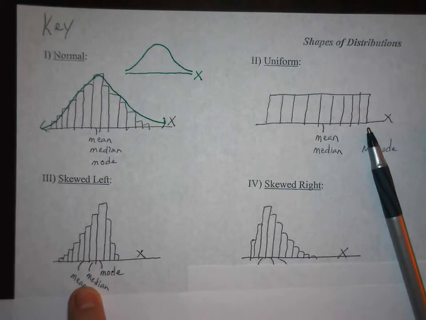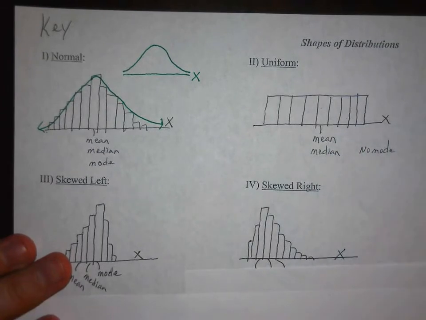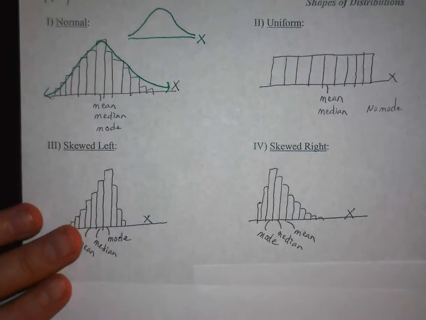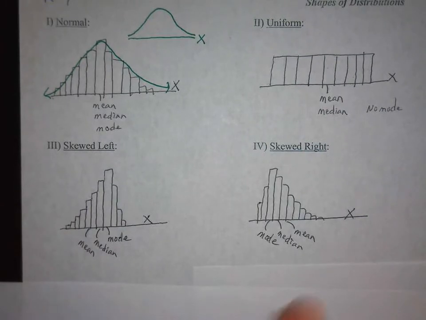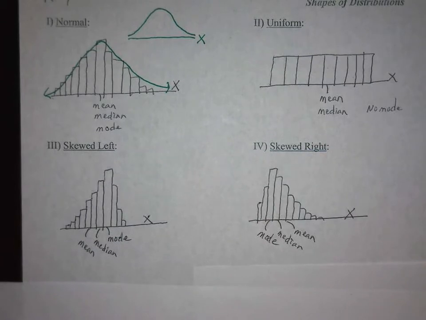Obviously it does depend on what your numbers are, as far as how extreme the difference or the location is. For the skewed right distribution, it's a very similar idea, except the mean is further to the right than the median is, and the mode is still at the highest bar. Okay, so those are the 4 basic shapes.